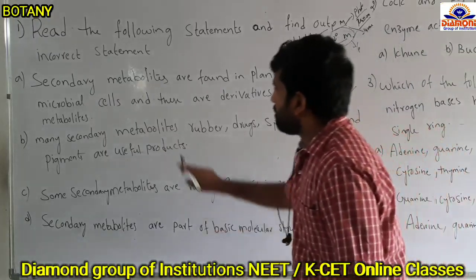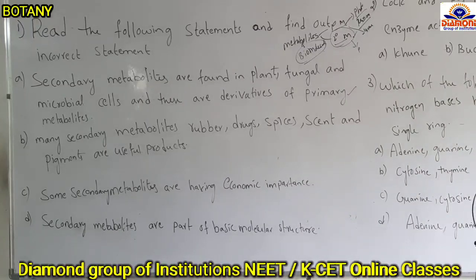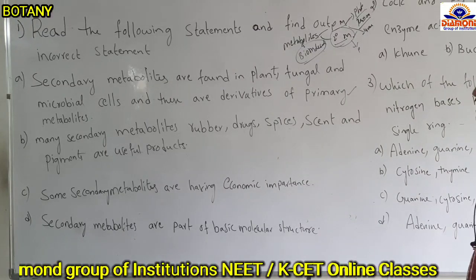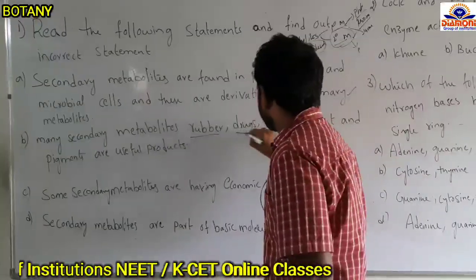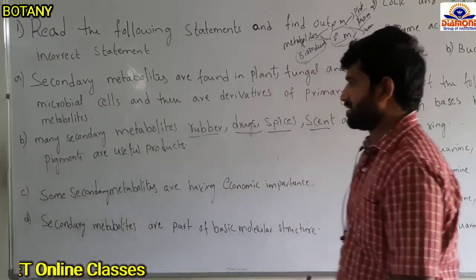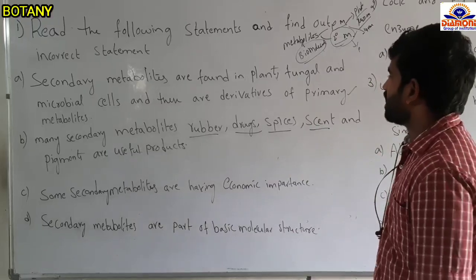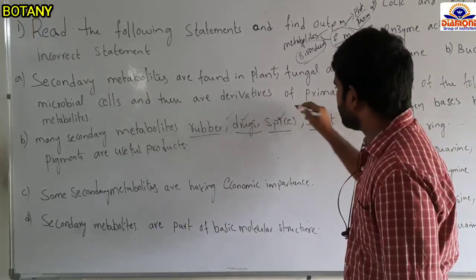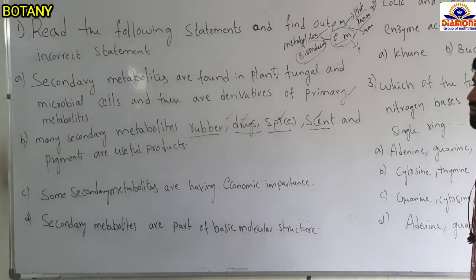And option B, many secondary metabolites are rubbers, drugs, spices, scents and pigments, which are useful products. Yes, many secondary metabolites are seen in plants. Those are rubber, drugs, spices, scents and pigments, and they are useful to human beings.